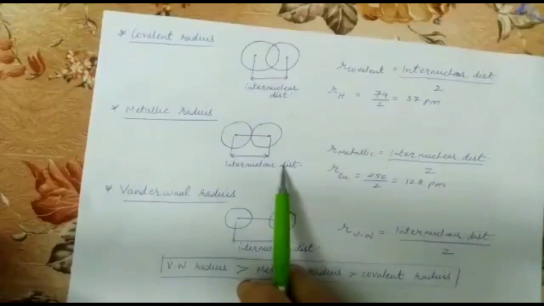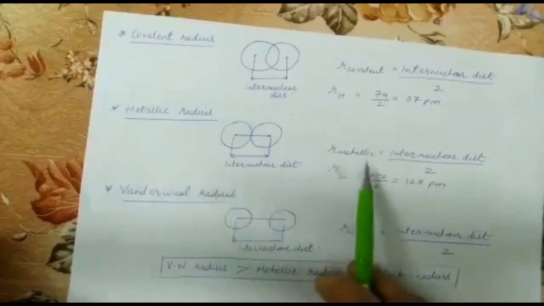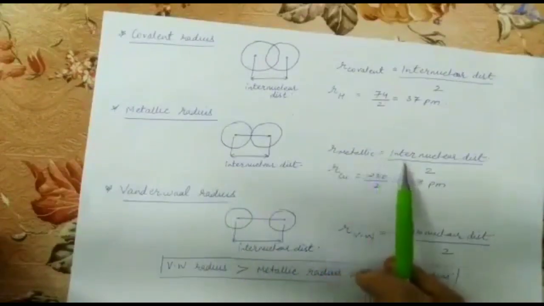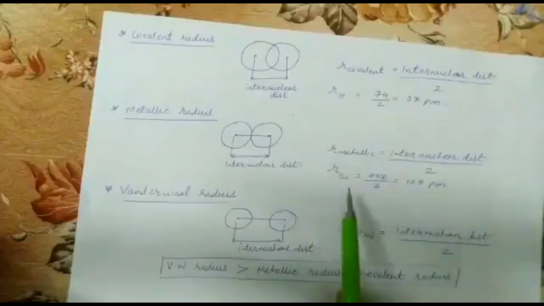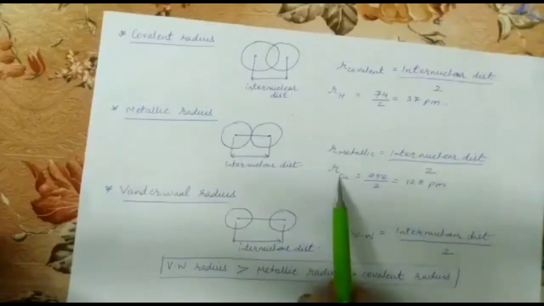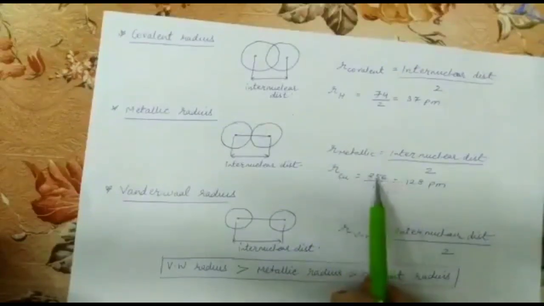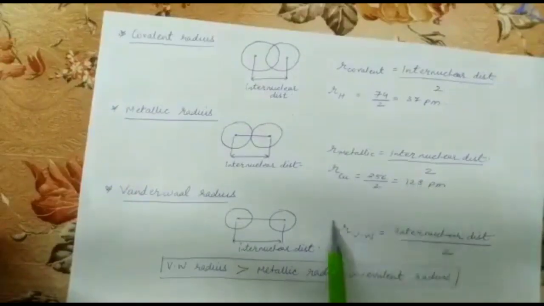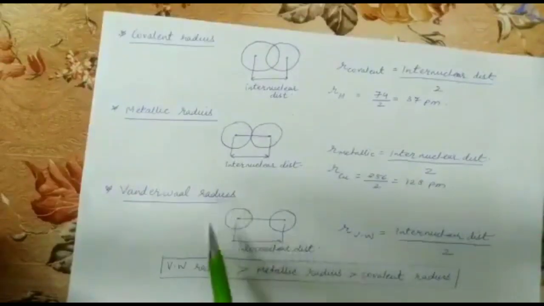Internuclear distance we can easily measure by X-ray diffraction techniques and electron spectroscopic techniques. Again, metallic radius is 1/2 of the internuclear distance. Suppose it is copper, so the radius of a copper atom is 256 picometer divided by 2, that is 128 picometer.